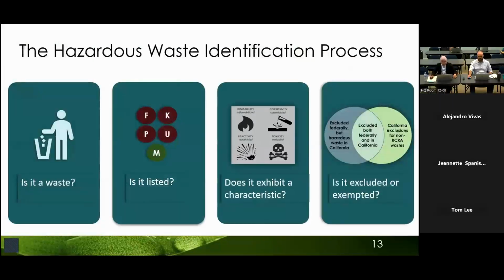Let's talk about the identification process of hazardous waste. It is a process of identification of hazardous waste through a fairly complex established criteria. This established criteria is a crucial part of the hazardous waste management program to assure that waste is correctly identified and managed to protect public health and the environment. Proper identification helps us know if a waste is hazardous waste and how to manage it properly.